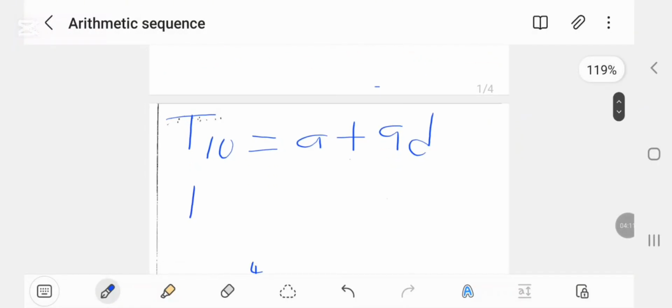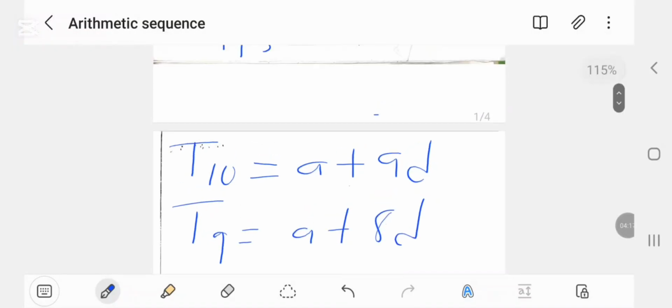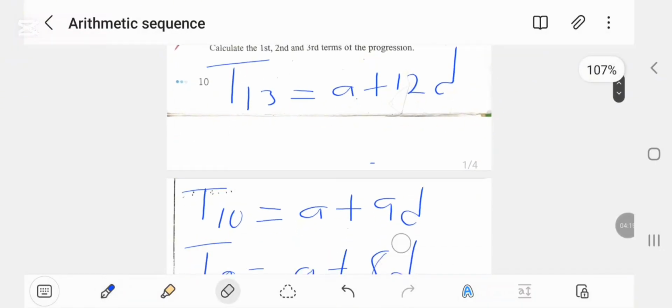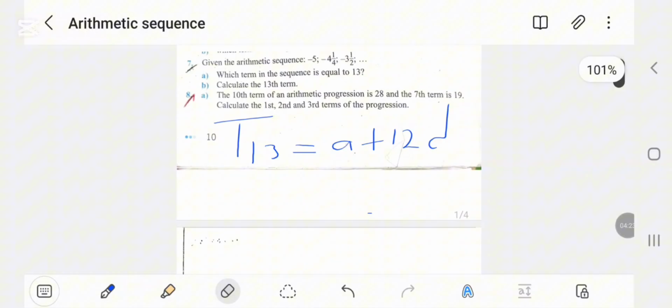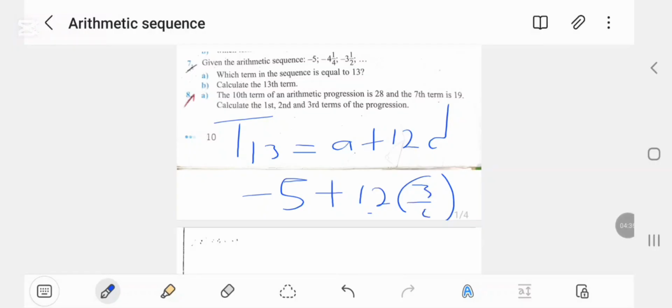If we have T9, for example, a plus 8d. I think you know where I'm going with this. So we have T13. A we have minus 5, 12 times our d, which was 3 over 4. On the calculator, you'll get your answer, which is 4.